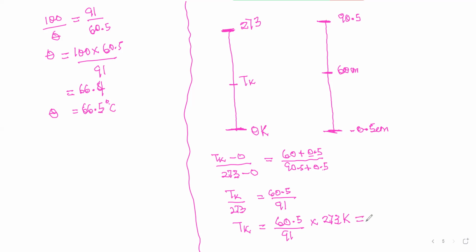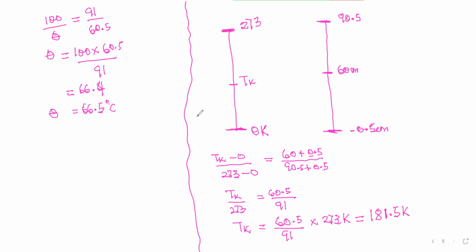What's the answer? 60.5 over 91 times 273K. 181.5 K. So that will be the corresponding temperature on the absolute temperature scale.